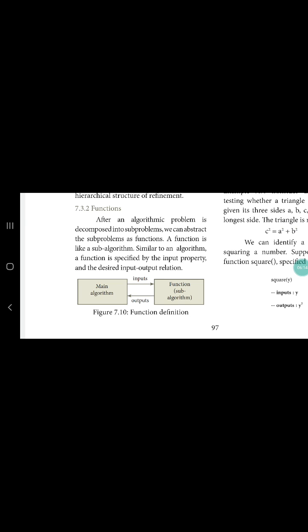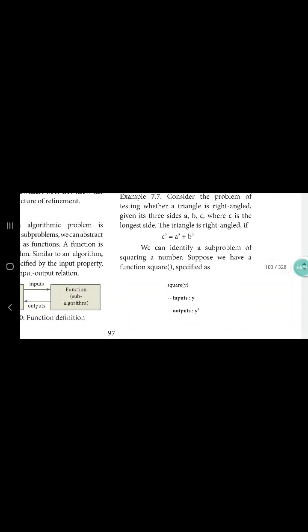In this way, various sub algorithms are created, and from their outputs, finally we get a result for the main algorithm. Here an example is given: c squared equal to a squared plus b squared. First we find a squared, then we find the value of b squared. We add both, and finally we get the c squared value. So a squared is one function, b squared is another function, and finally we get c squared.